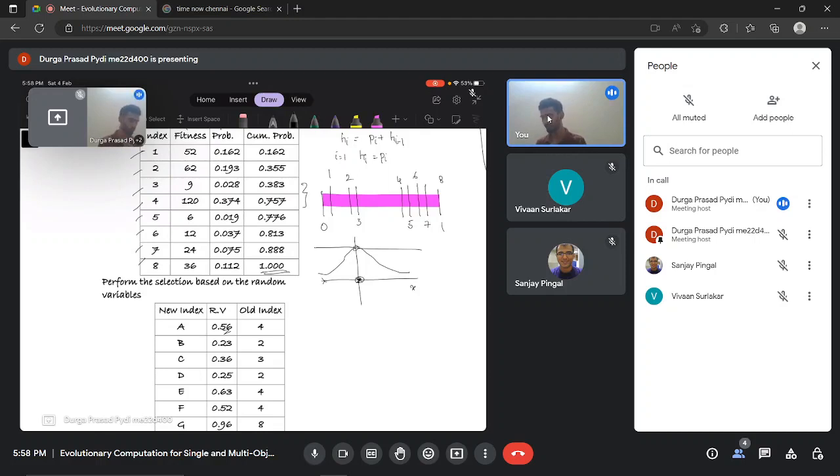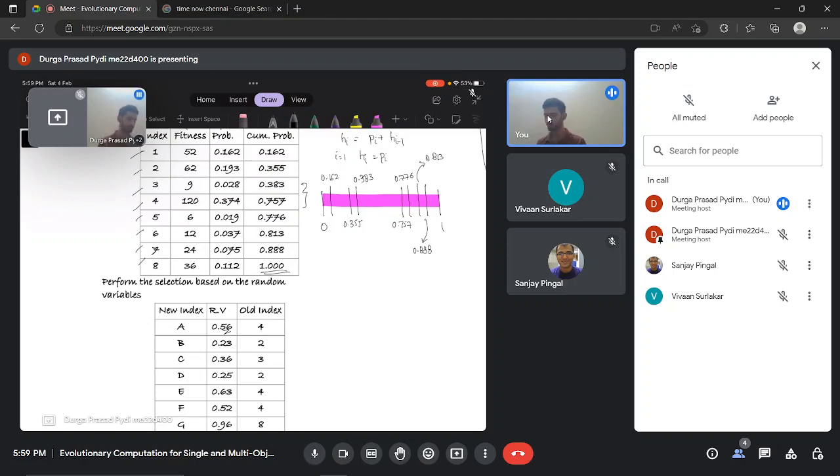So if my random variable is 0.56, let me write the values here instead of 1, 2, 3: 0.162, 0.355, 0.383, 0.757, 0.776, 0.813, 0.888.